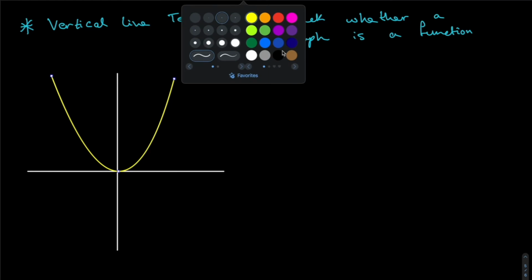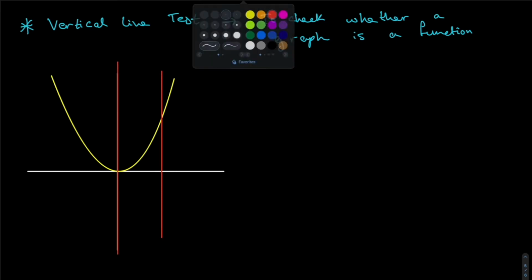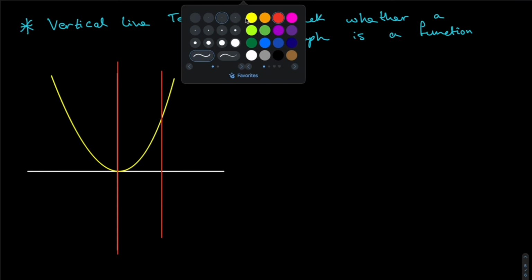What I do in this case is take red and draw a vertical line through the graph, anywhere, whether it's here or right through the center, it doesn't matter. What I'm going to look for is the intersection between the red vertical line and the yellow curve itself.